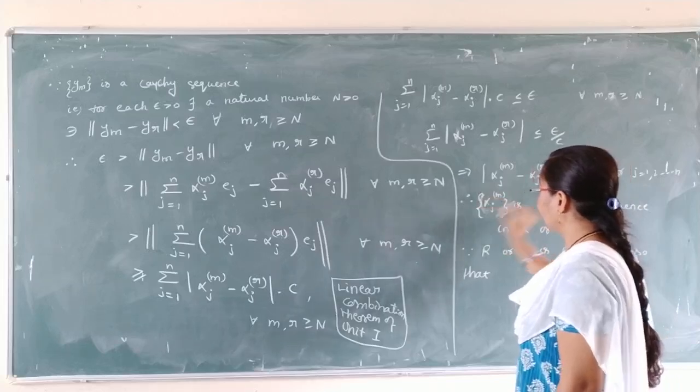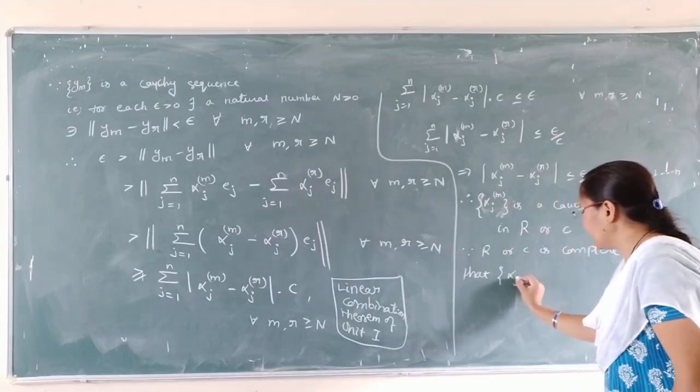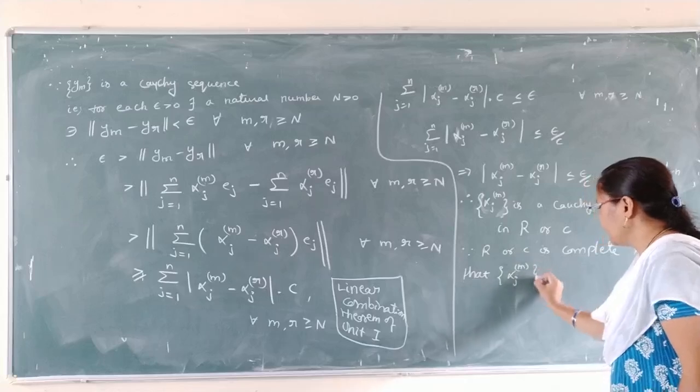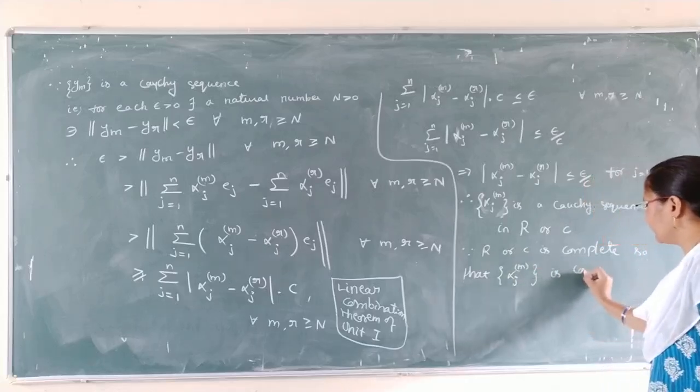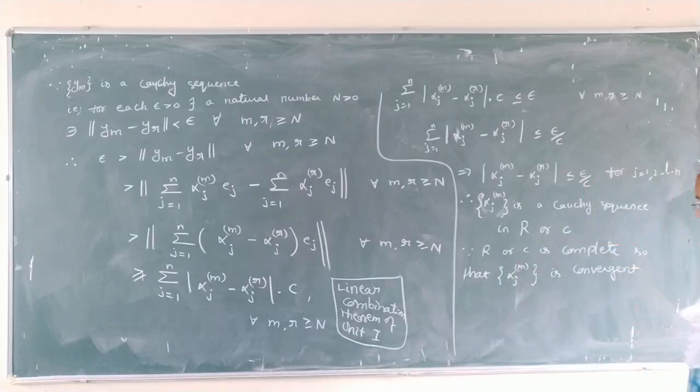So maintain the same basis, so that the sequence alpha jm is convergent. So it is convergent, we will say the limit point exists. Now we will take that limit point as alpha j.